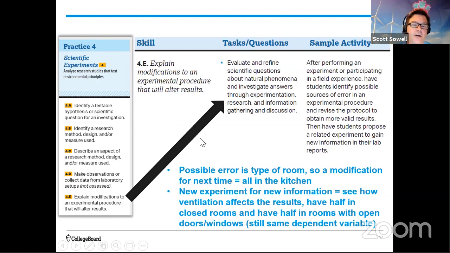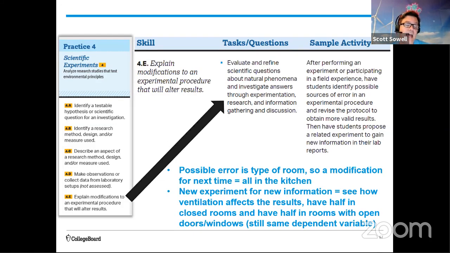So one possible error when I think of this experiment is where we did this. Maybe Miss Fassler puts hers in the bedroom and I put mine in the bathroom, and someone else puts theirs in the kitchen. We have this new variable in there that we didn't really account for when we first started. So that's one thing that I could identify as an error and then make some suggestions for modifications.